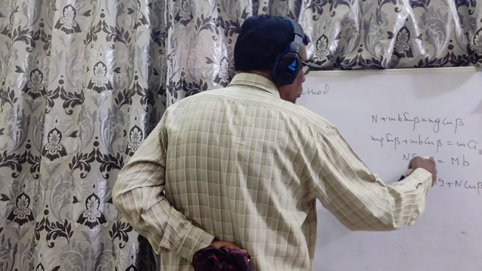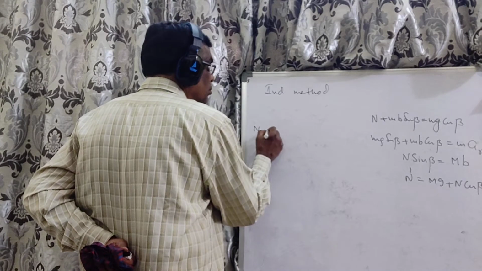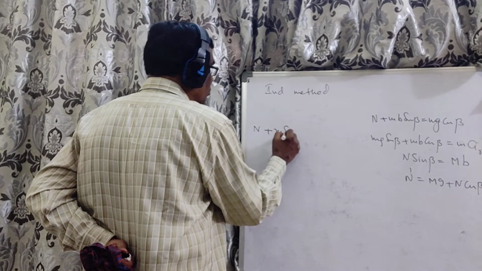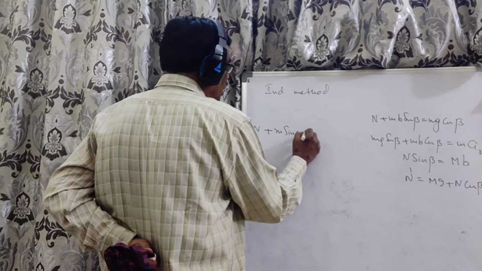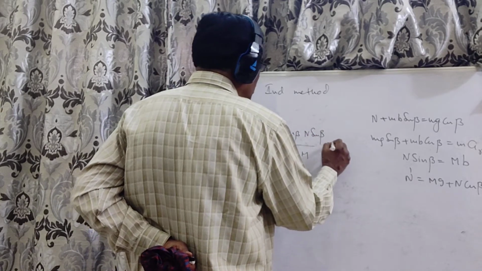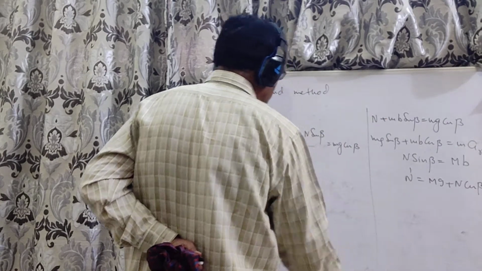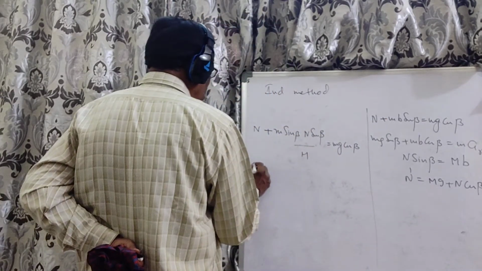B is equal to N sin beta by capital M. N sin beta by capital M is equal to mg cos beta. So what do you get?